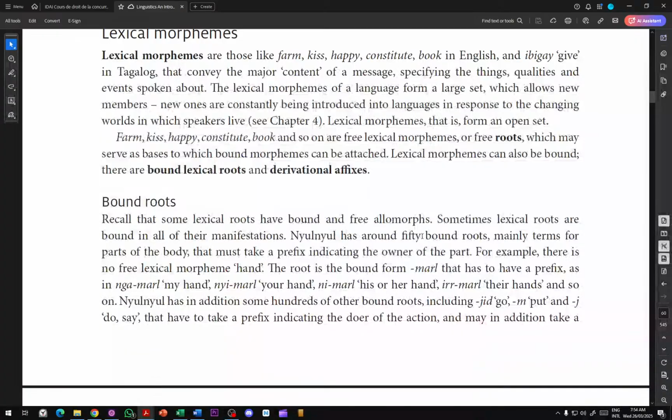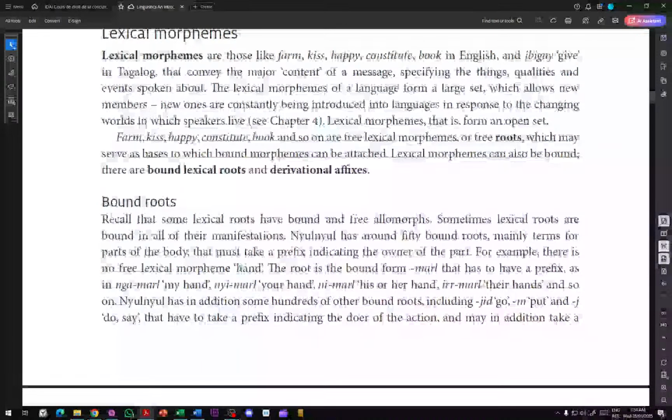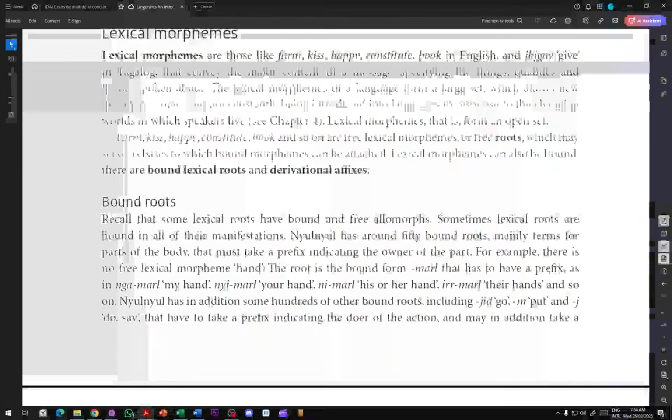Nuer has around 50 bound roots, mainly terms for parts of the body that must take a prefix indicating the owner of the part. For example, there is no free lexical morpheme hand. Wow, very interesting.